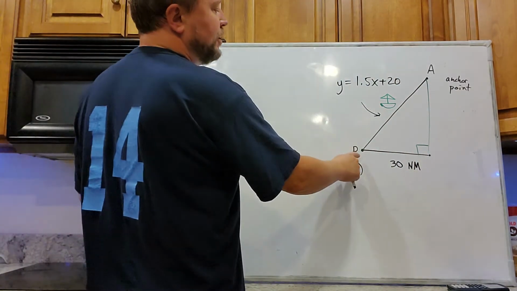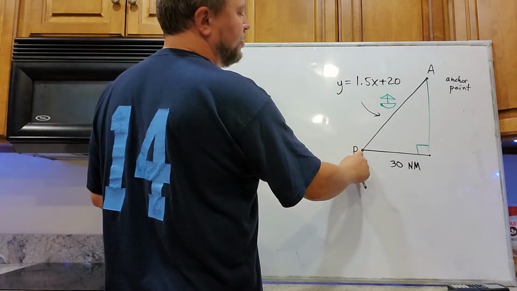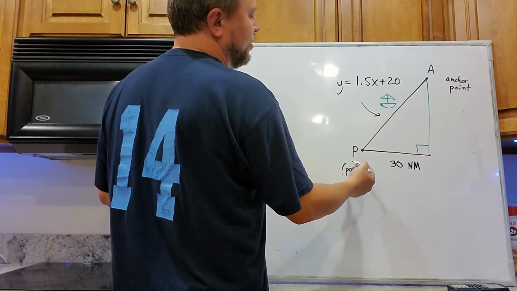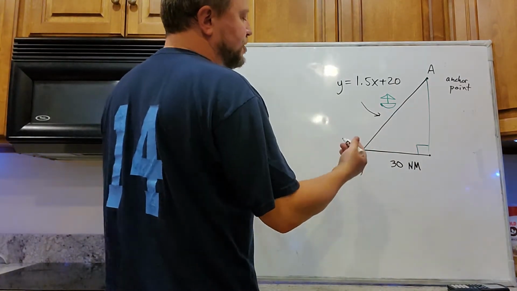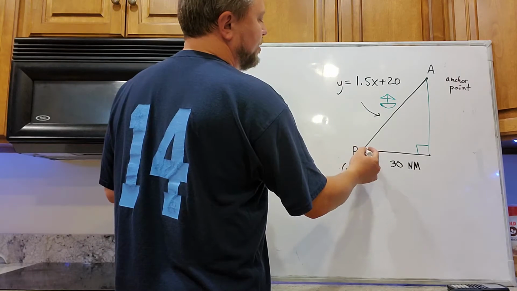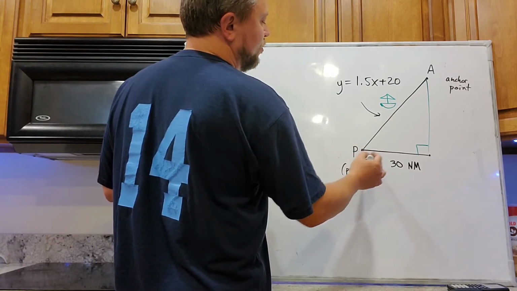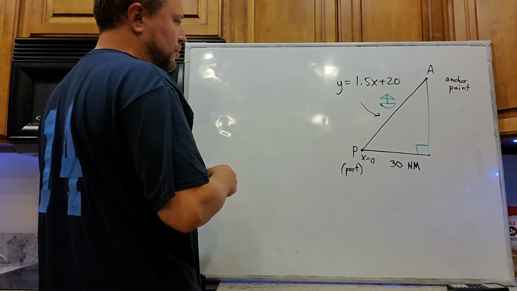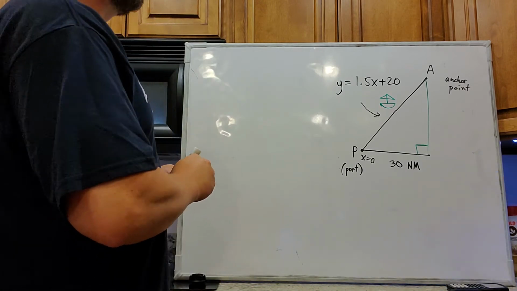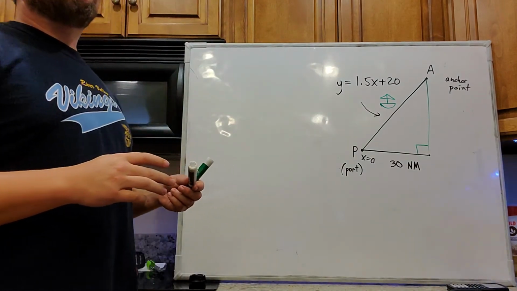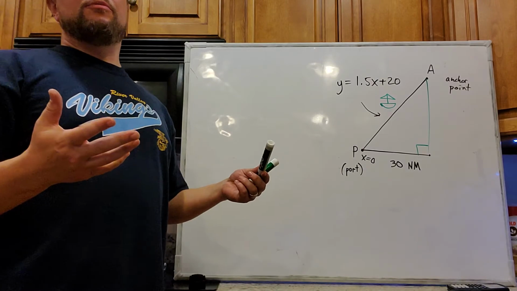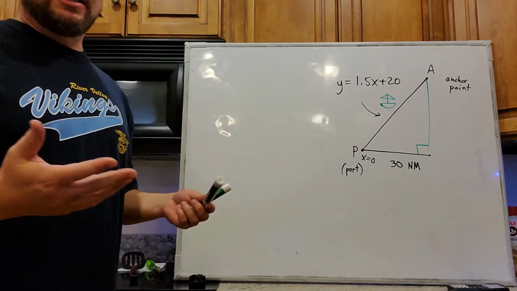And then they also mentioned, remember that port here, where we started at, they're going to call our ground zero, so to speak. So we're at this point, x is 0. Okay, so this is really similar to a problem we already did earlier in this lesson.